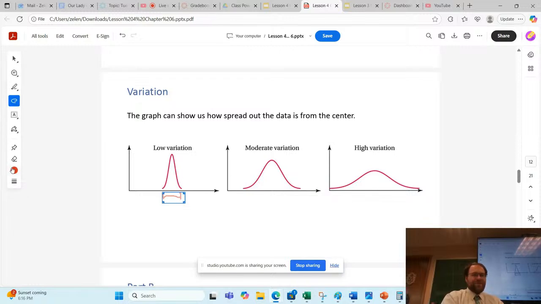And this one, they're going to be more spread out than they were in the first one. And then the last one here, they're really spread out. So basically, the more horizontal distance you have there, the more variation there's going to be on the graph.